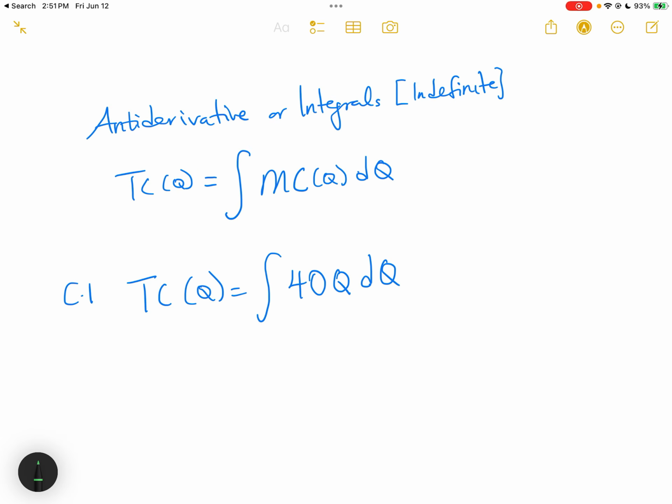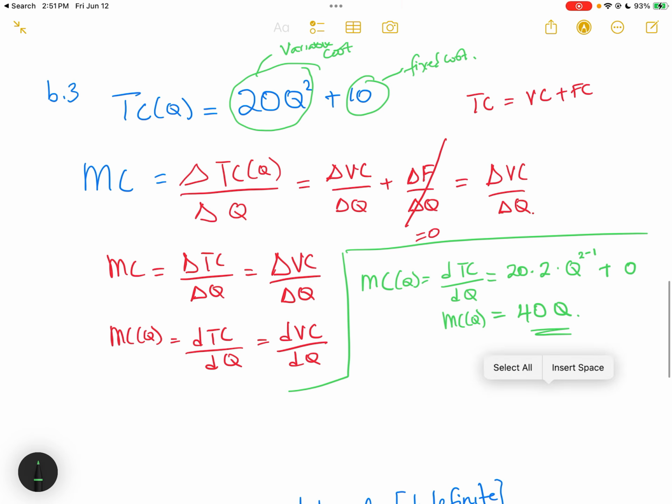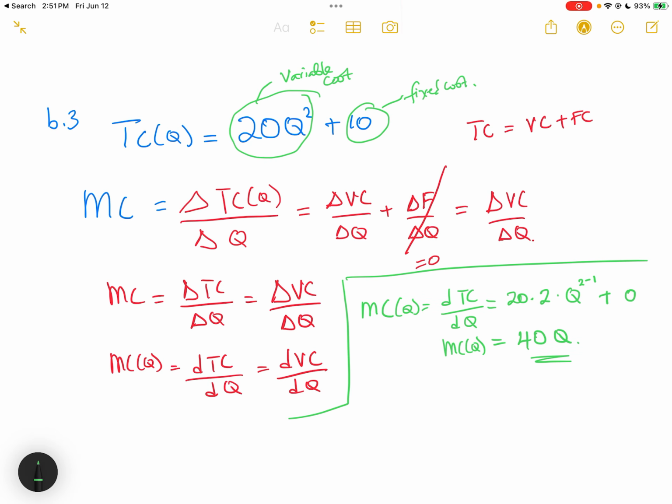Antiderivatives or integrals. That's the indefinite version. We can back out the total cost. If we had just marginal cost, we can back out the total cost. So what did we do above? What did we do up here in B3? In B3, we had the total cost function, and we derived marginal cost.